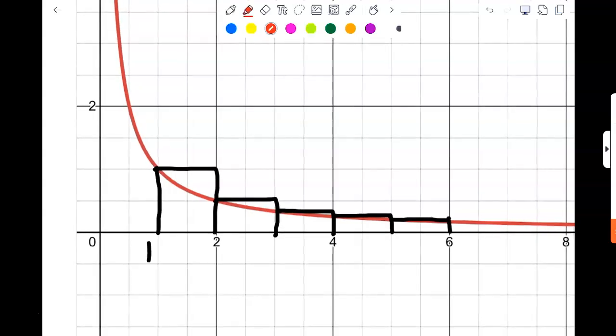And then the other thing I want to talk about is the area beneath the graph. And we would continue this pattern on and on forever.